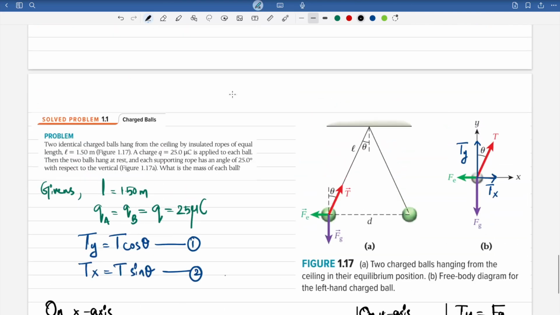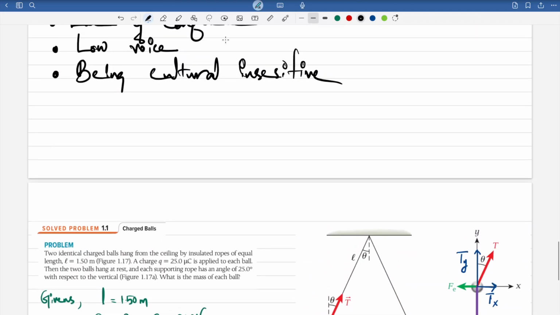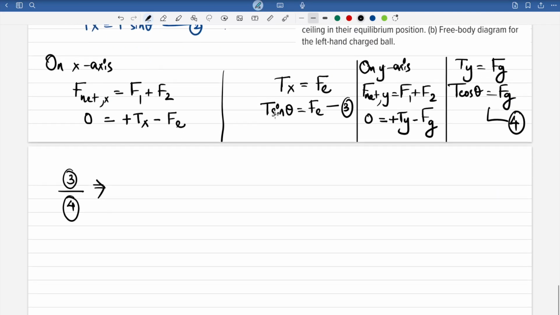Okay, what is equation number 3? Equation number 3 is T sin theta equals Fe. So T sin theta equals Fe over, what is the second equation? Left hand side, T cos theta, right? Right hand side, Fg.